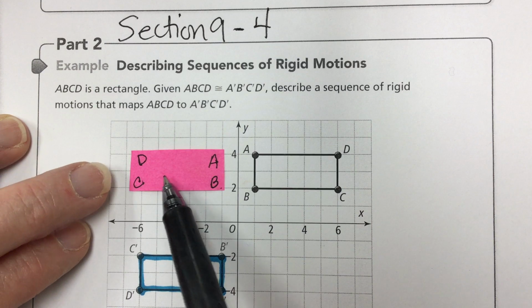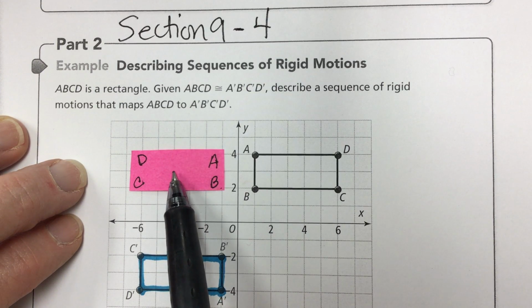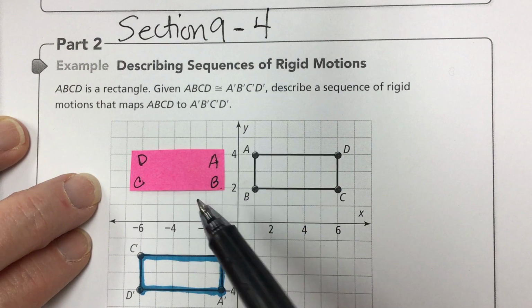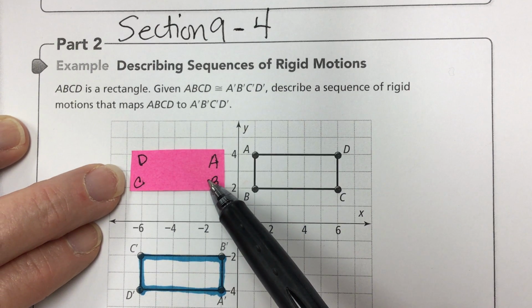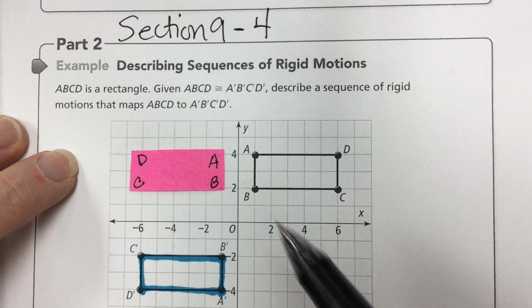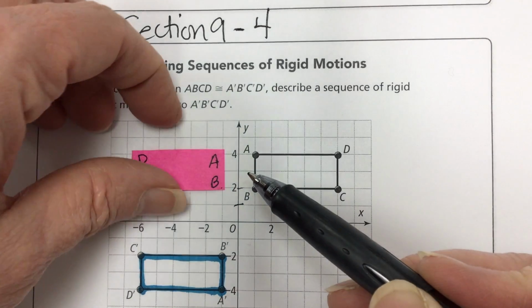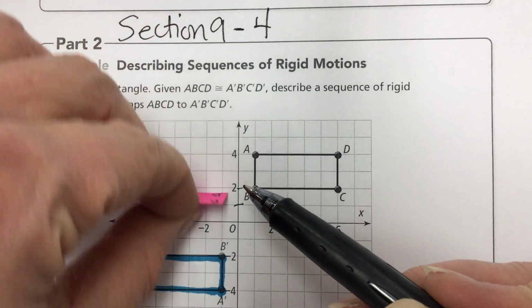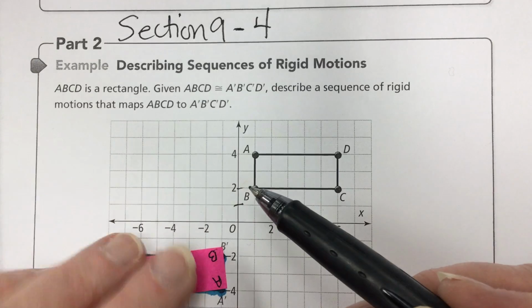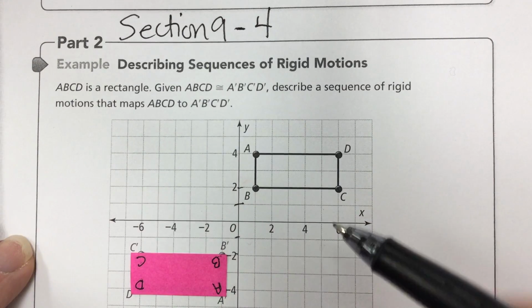This would be what it would look like if we took the original rectangle and reflected it over the y-axis. Now, if I take this rectangle here and reflect it over the x-axis, think about it, B is 2 units above. So when I reflect the rectangle over the x-axis, it's 2 below, okay?